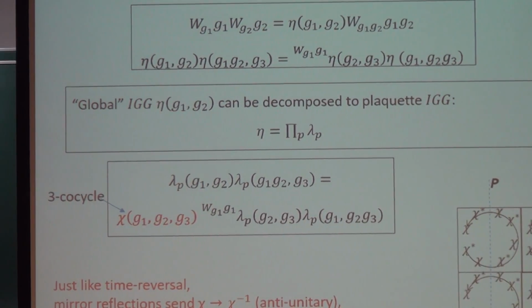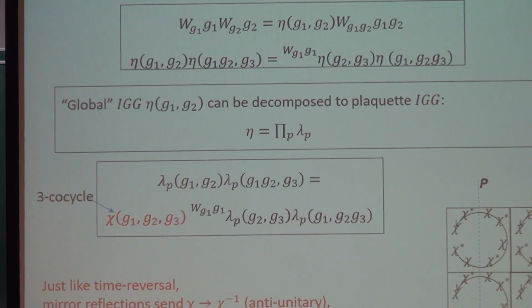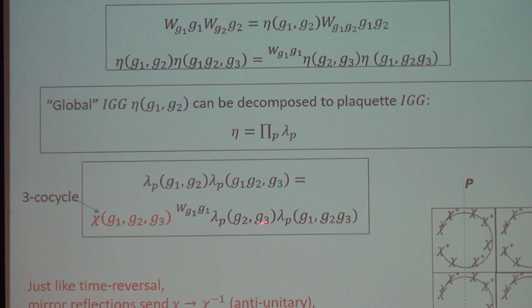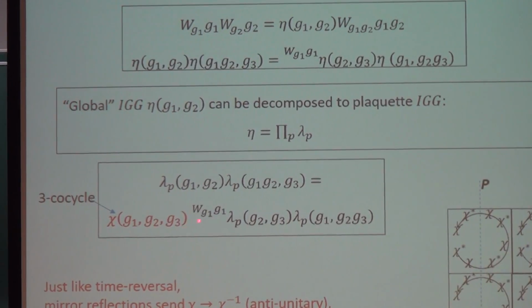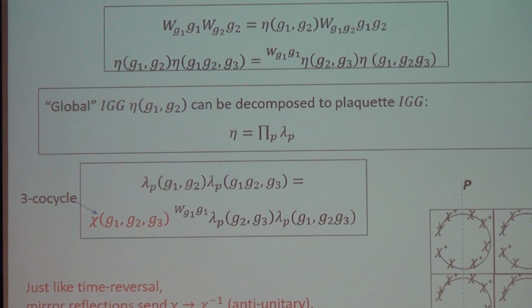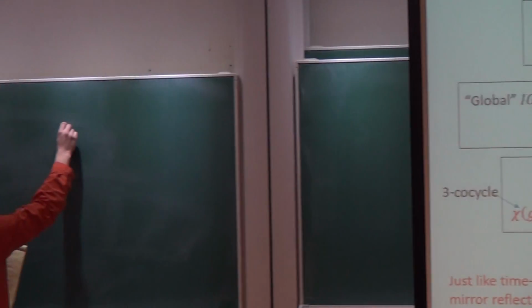Suppose I try to construct this D2 SPT. I want to find those lambdas and the WGs so that this chi corresponds to this non-trivial SPT.